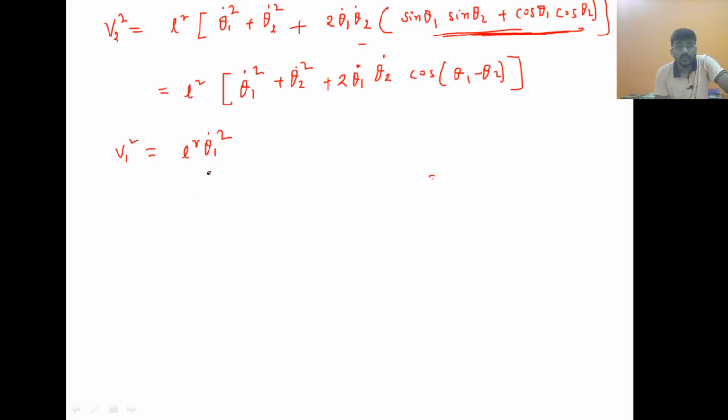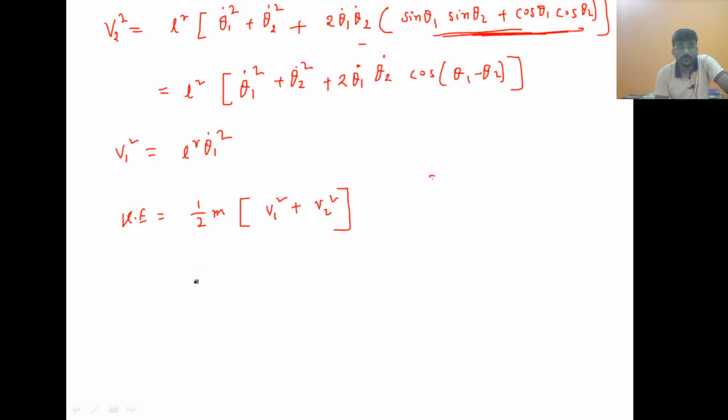Okay, so what will be the kinetic energy? Kinetic energy will be half m into v1 square plus v2 square.